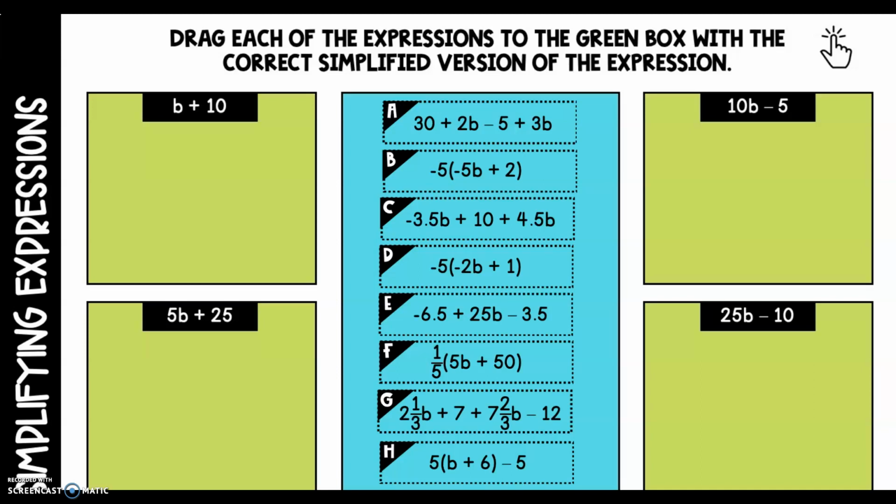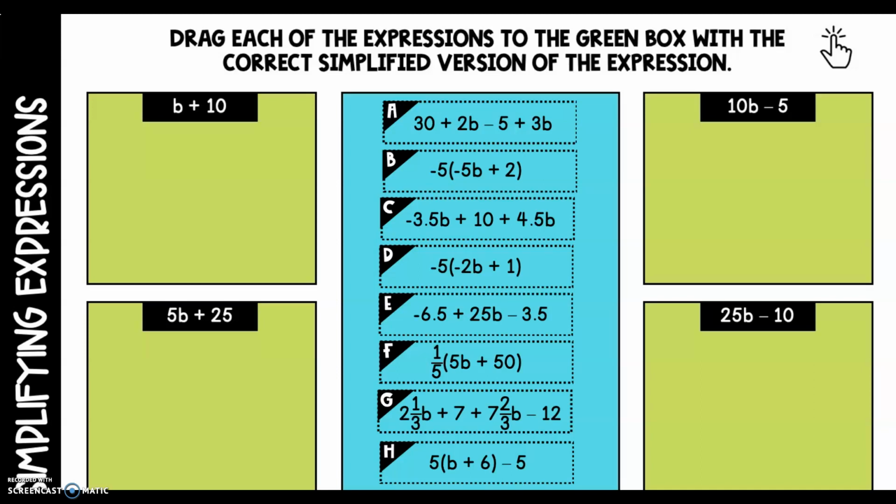So for instance, I would rewrite it to say 30 minus 5 plus 2b plus 3b. That way I have my like terms together, and so I know how I'm adding them. So 30 minus 5 equals 25. 2b plus 3b equals 5b.